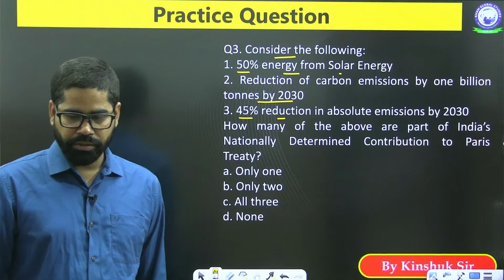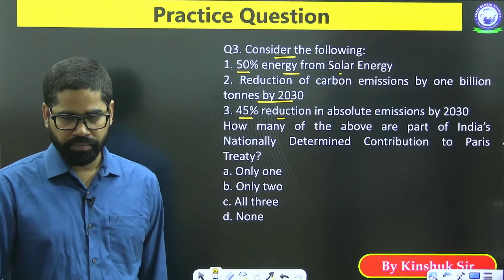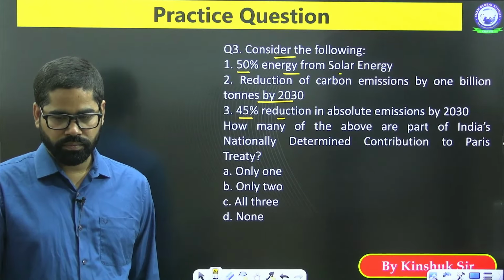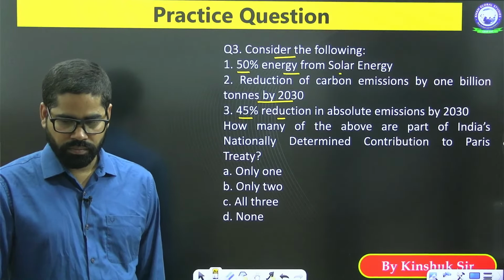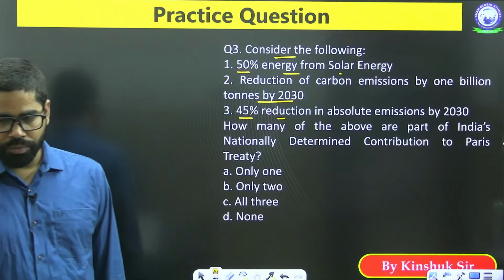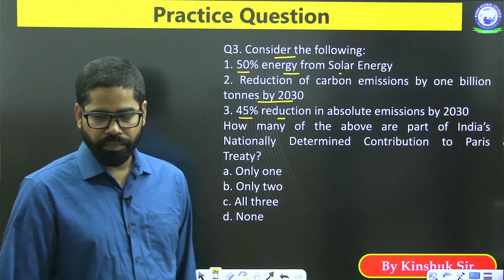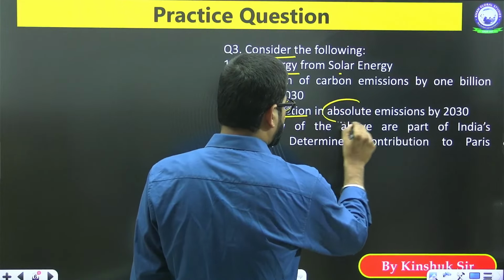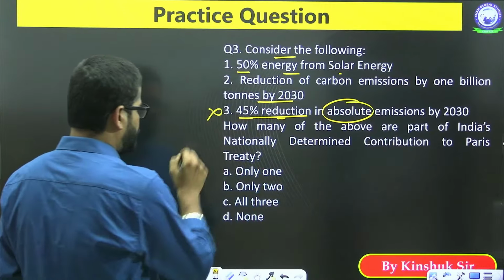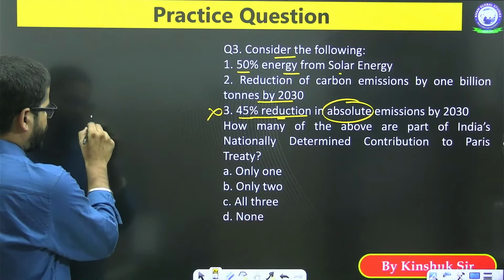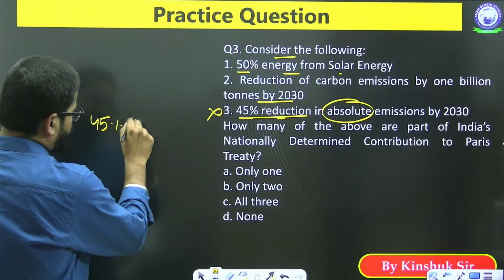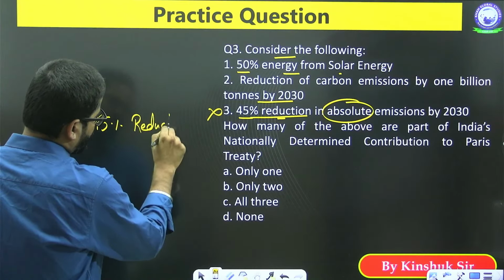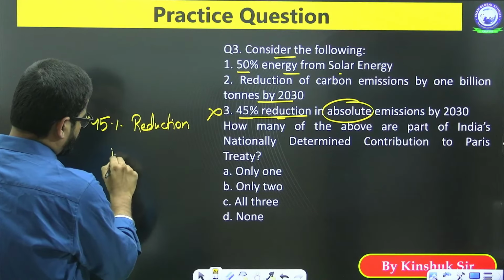B option. I think most of the people are going for option B. If you look at this, 45% reduction in absolute emission is incorrect. It is a 45% reduction in emission intensity.